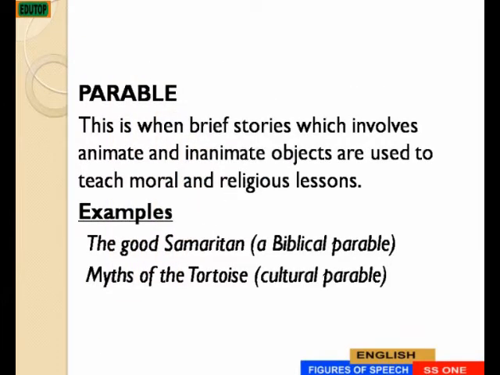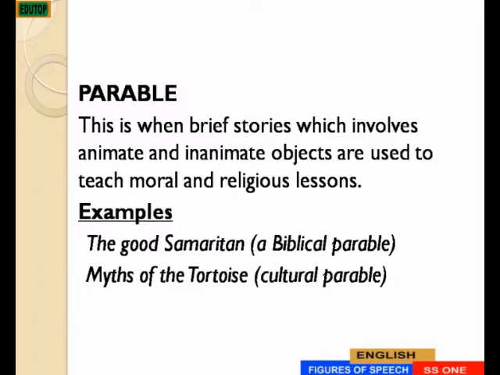Parable is when brief stories which involve animate and inanimate objects are used to teach moral and religious lessons. We have so many parables in different cultures depending on their beliefs. Examples: the Good Samaritan. The Good Samaritan is an example of a biblical parable. In the Bible, we have the Good Samaritan that helped an injured traveler.